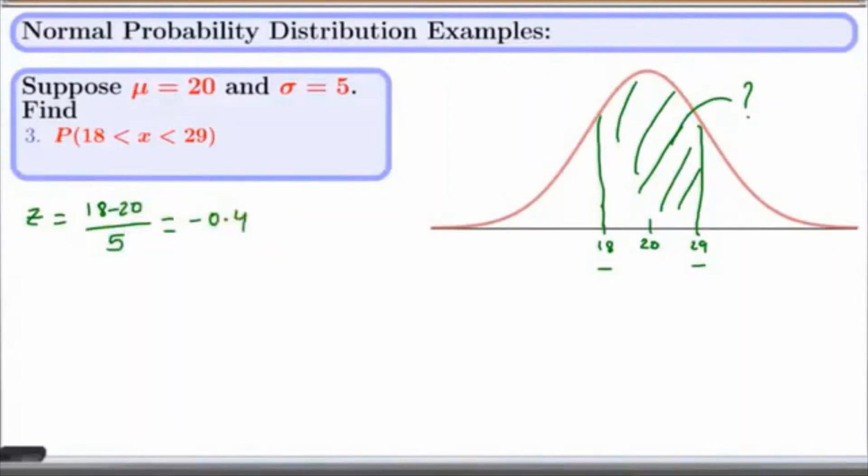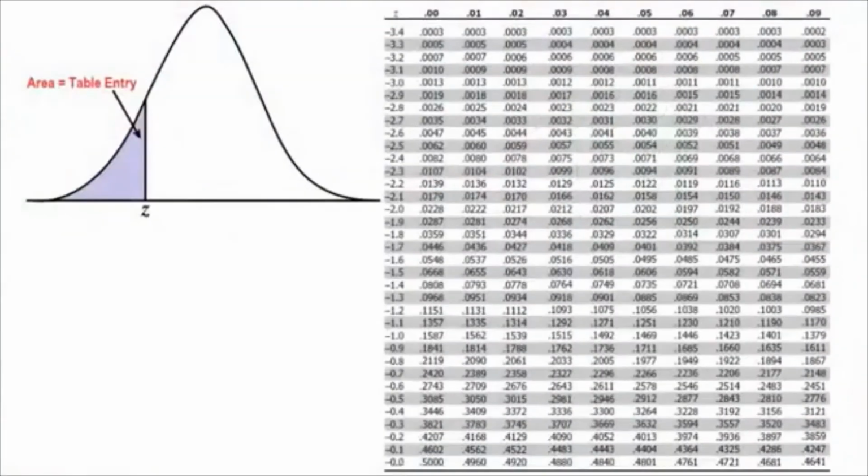Now let me pull up my table to find the area for z-score of negative 0.4. So for that, we'll be looking at negative 0.4 and column of 0.00. So that means this is the value, which is 0.3446. So that's the area.